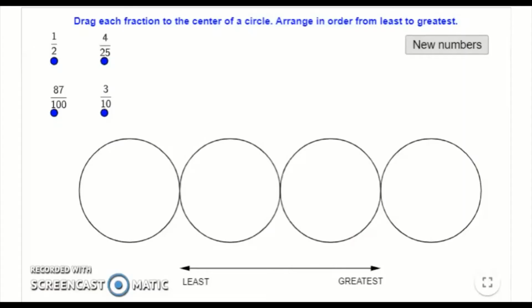So, to arrange these fractions in order, we really need to have the same denominators. We've had halves, 25ths, and hundredths, and tenths, and the biggest number on the bottom is hundredths. So we need to think of how big is a half in hundredths.